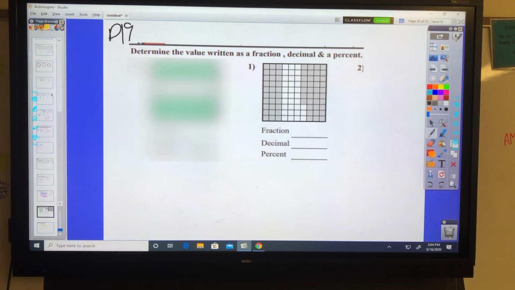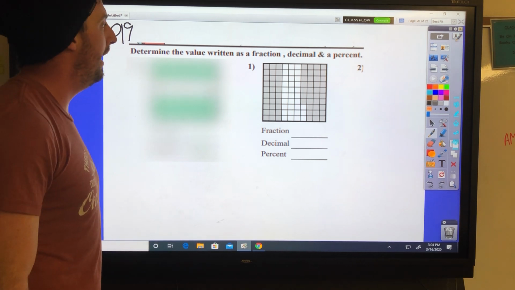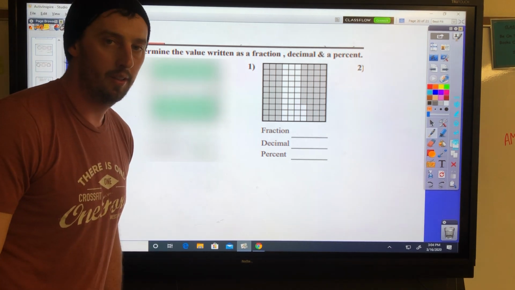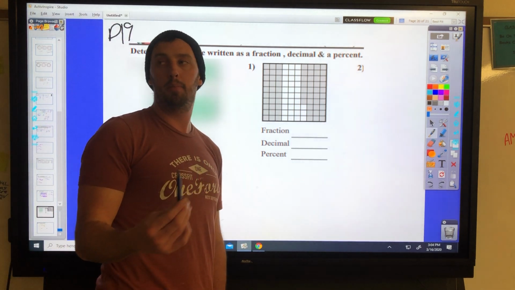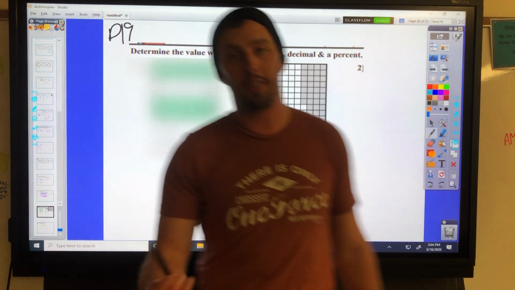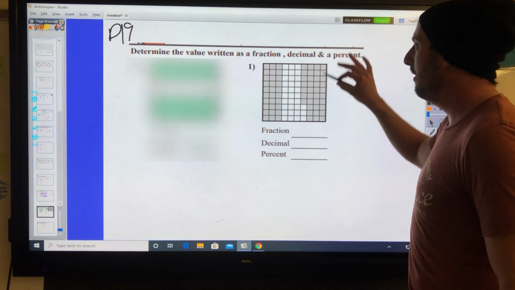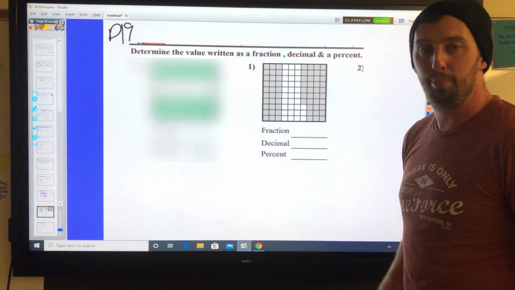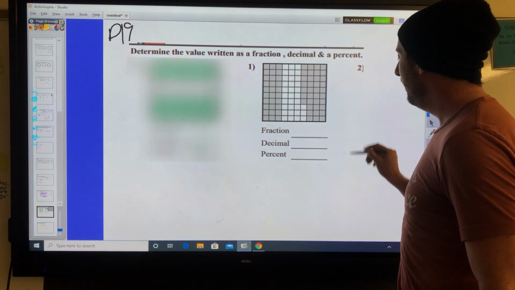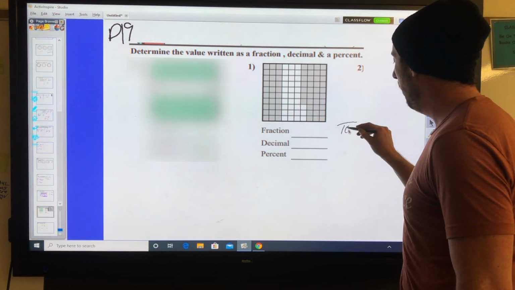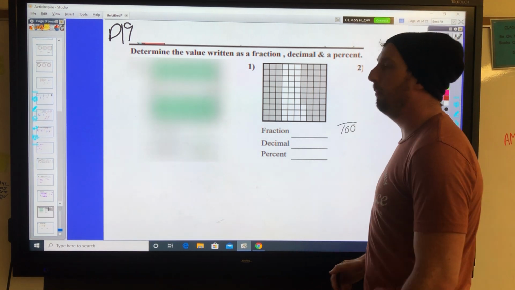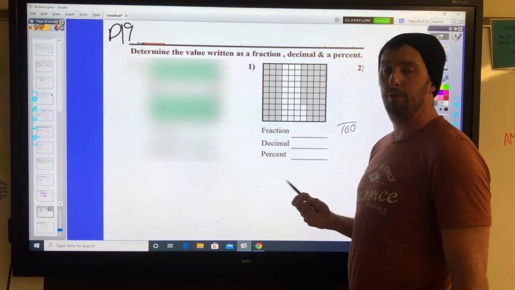All right, a couple more. Determine the value as written as a fraction, decimal, and percent. So I'm going to give you a little hint here for people that are watching this YouTube video. I've counted them all up. The fraction is out of 100 possible squares. How do I know that? Well, you can do it a couple ways.